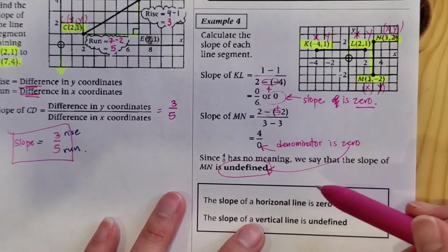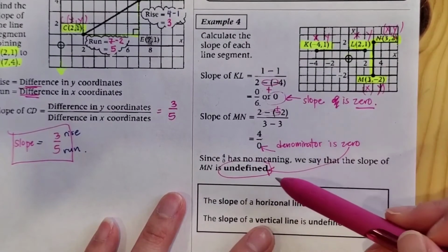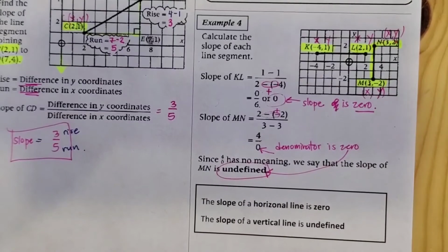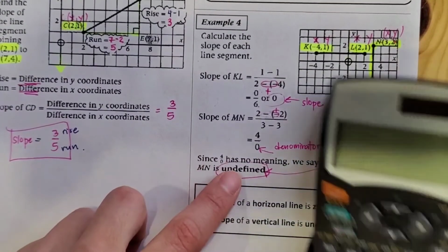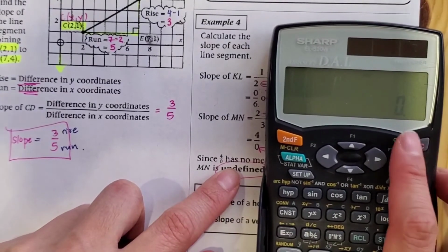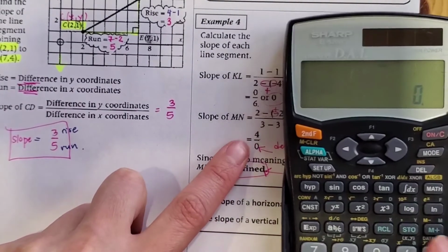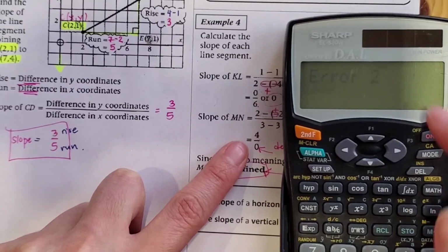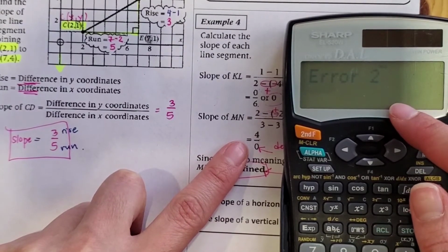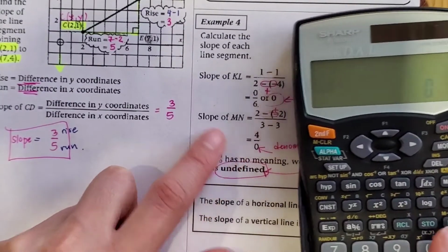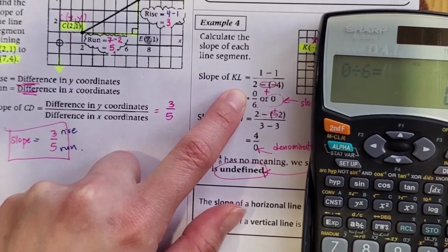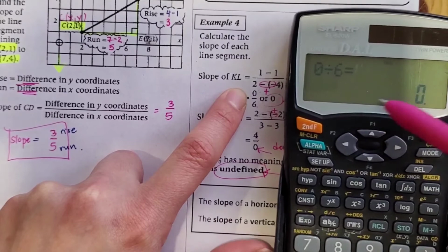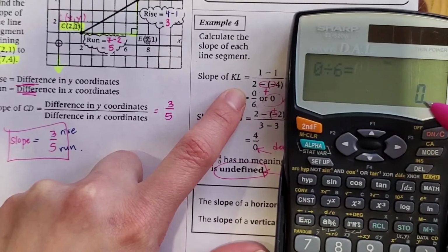If you put it into your calculator and forget which one's 0 and which one's undefined, if I put 4 divided by 0, my calculator tells me I have an error. But if I write the other one, 0 divided by 6, it shows me that it's actually 0.